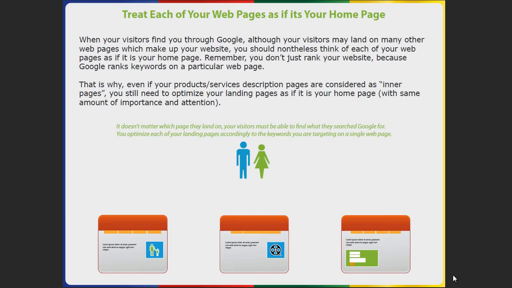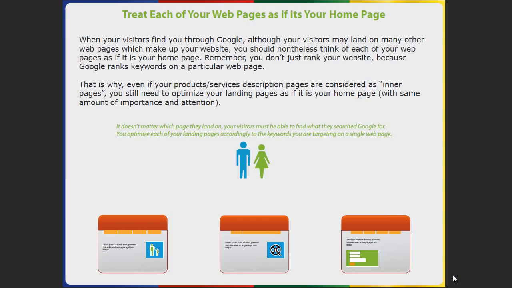Much SEO information out there tells you to just optimize your main home page and treat your other pages as not as important, or to get, let's say, 10 backlinks to your home page and just one for your other pages. Well, that's not smart, right?